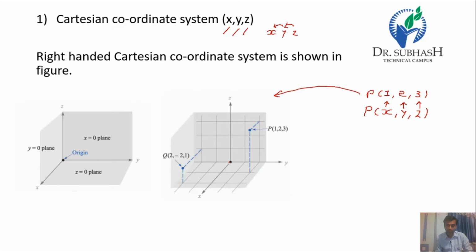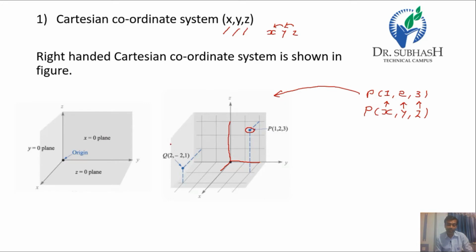On the x-axis we move 1 point, on the y-axis we move 2 points and on the z-axis we move 3 points. Then the intersection of x, y and z at this point is the location of the point P.